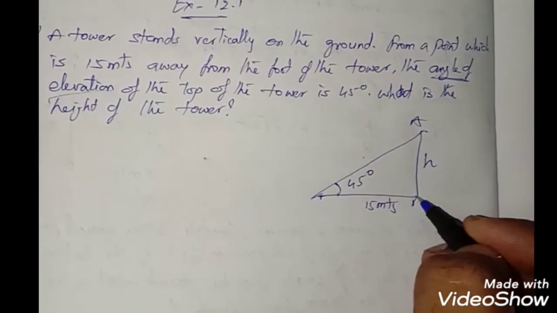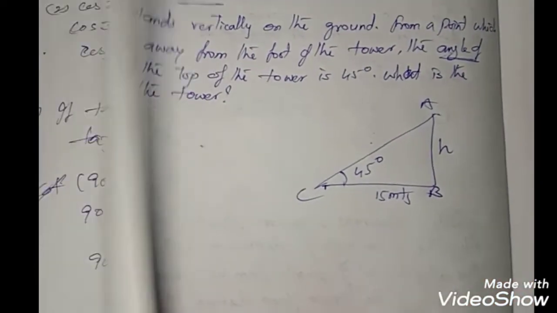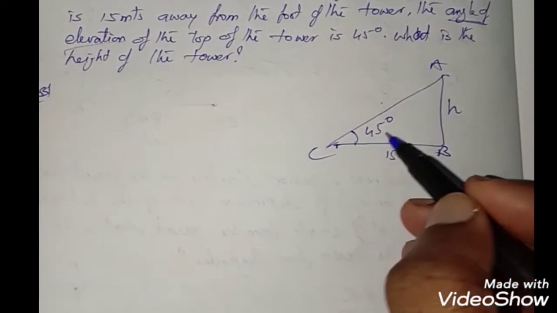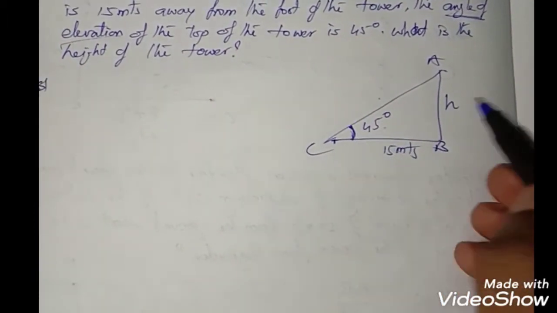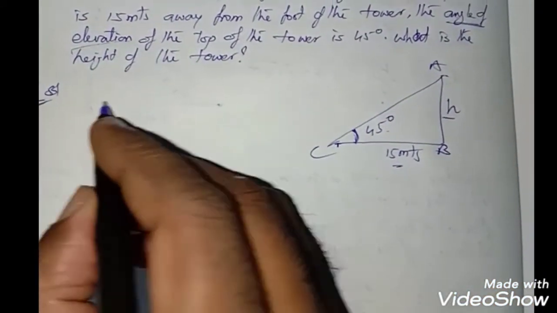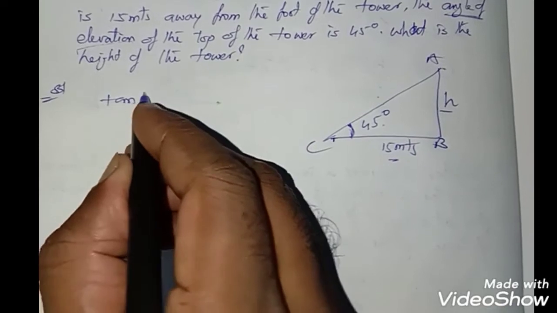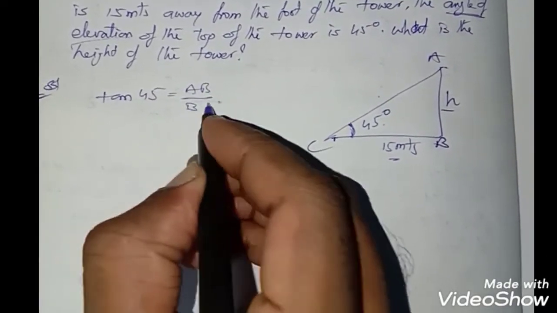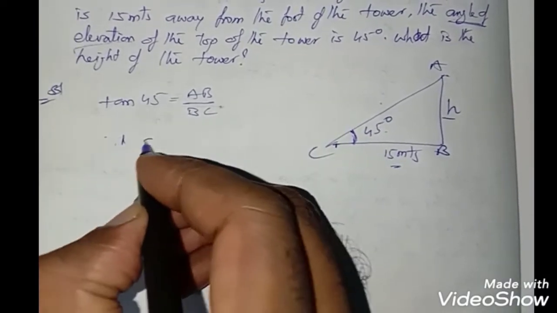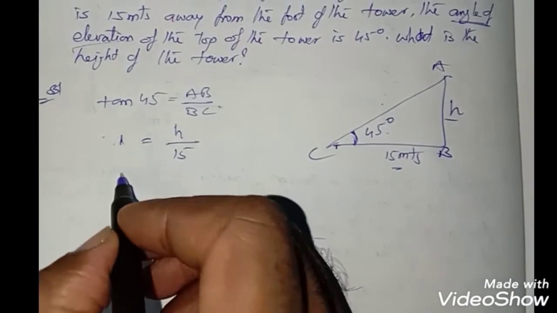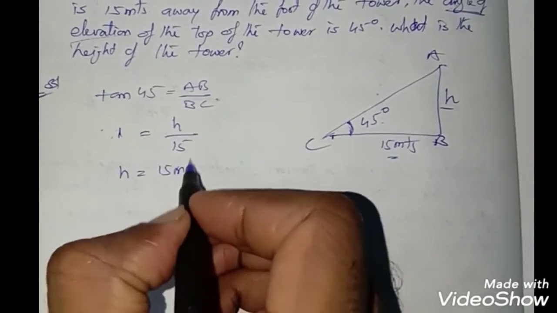If I name this A, B, C, as per your angle, 45 degrees, this is the opposite side and this is the adjacent side. Opposite and adjacent give tan, so tan 45 is equal to AB by BC. Tan 45 value is 1, AB is not given, so H, and BC is 15. If I cross multiply, H is equal to 15 meters.